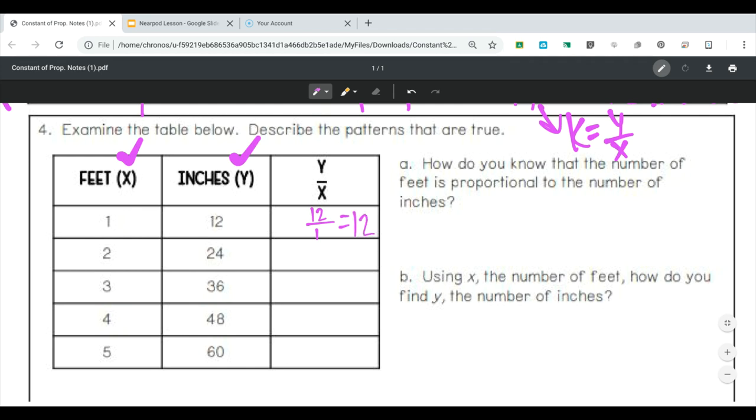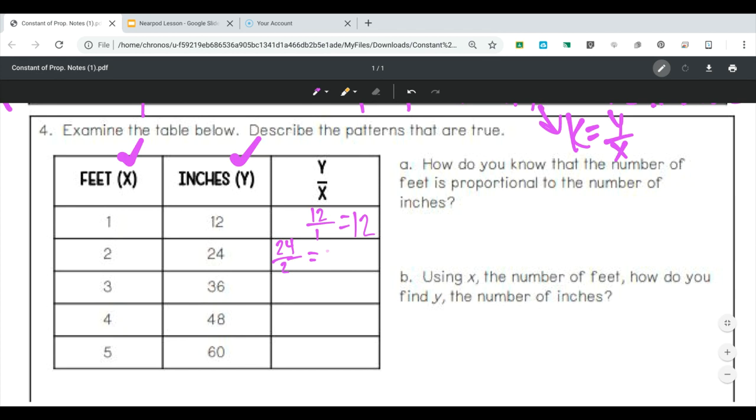So if we do 24 over 2, well, that can reduce down. Okay, 2 goes into 24 how many times? Whoop, 12 times.